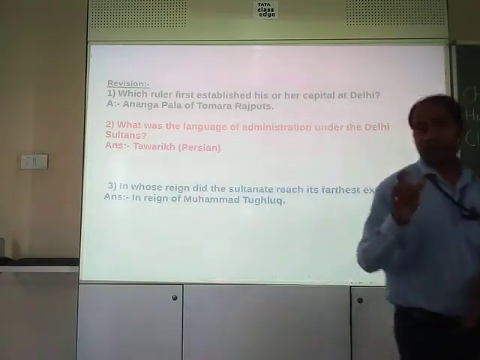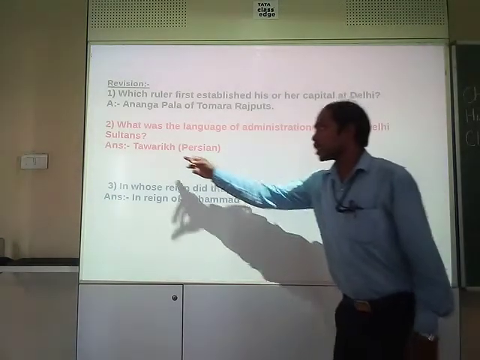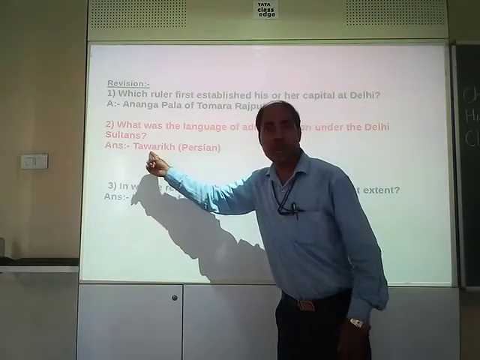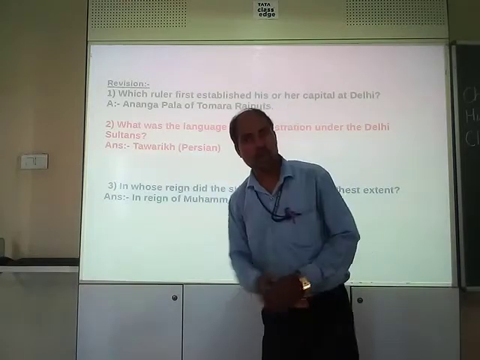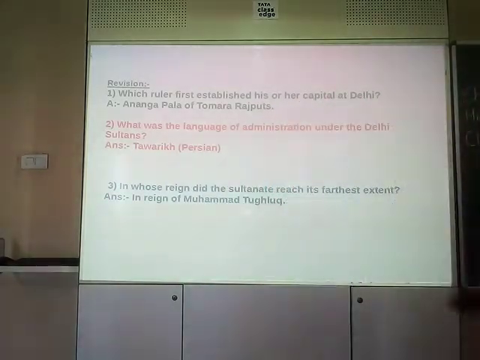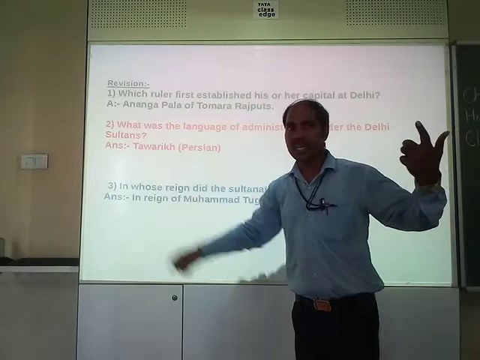See, I have discussed this question also during your log notes. It's Turkish or Persian. The language Turkish written in Persian, or else you can only write Turkish, no problem, or if you write Persian only, it's also correct. I discussed this in detail.